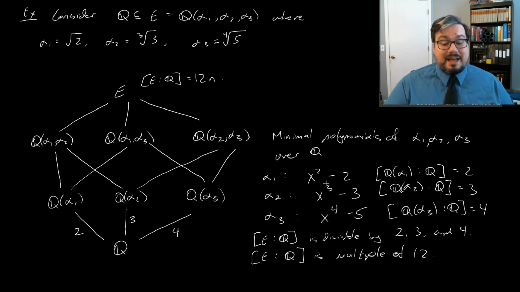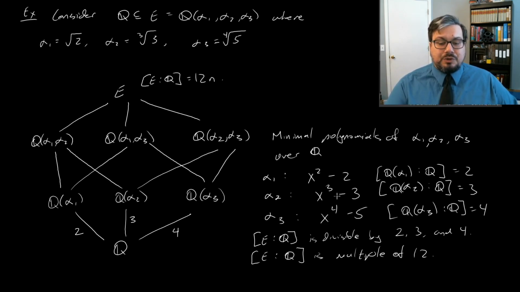And the reason for that is that even if these polynomials wind up not being irreducible, no matter what field we're looking at, these polynomials are always polynomials that have alpha 1, alpha 2, and alpha 3 as roots. So for instance, when we go from Q alpha 1 to Q alpha 1 alpha 2, we've taken an extension where we're adding in alpha 2.